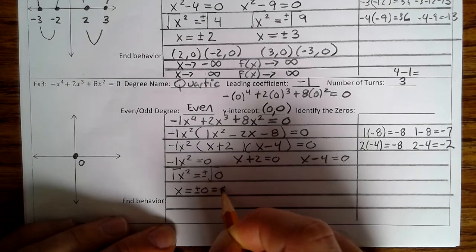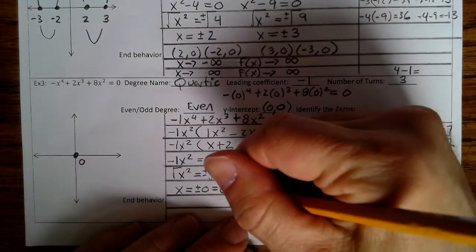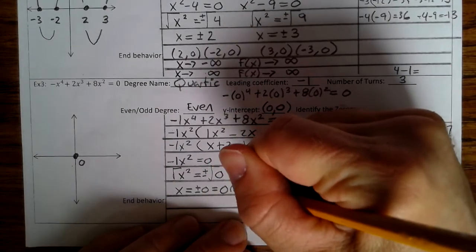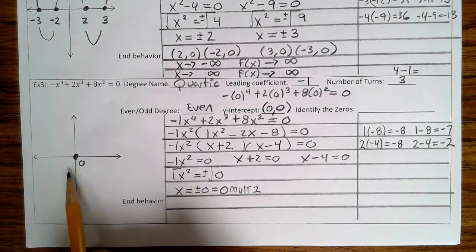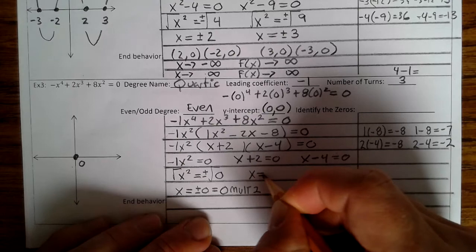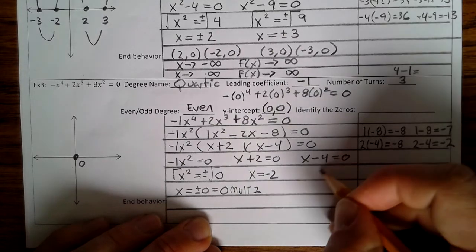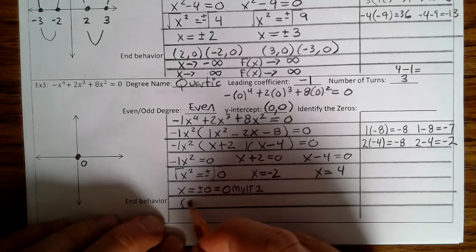And that's important when we start getting to the sketching of the graph. Here we subtract 2 to both sides, x equals -2. Add 4 to both sides, so x equals 4. So our zeros or x-intercepts are 0, 0, multiplicity of 2, -2 comma 0, and 4 comma 0.